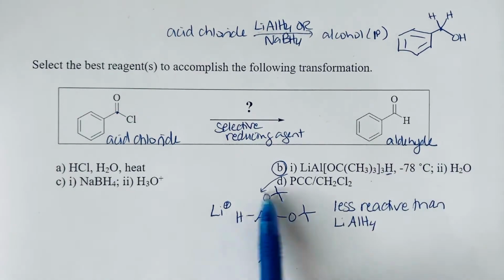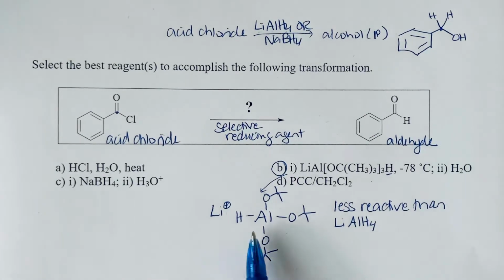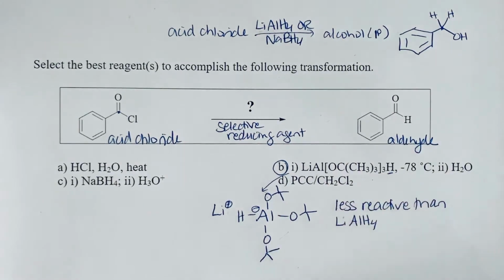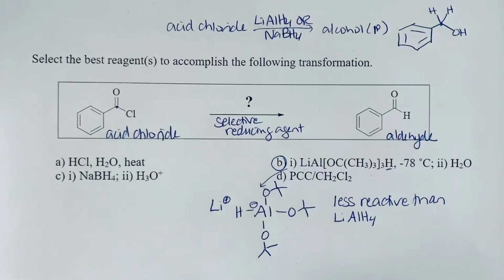Right? We don't have as many hydrogens that can be transferred. And this has a negative charge on that aluminum, you also have these electronegative oxygens that can help to share that negative charge. So it's not as reactive.